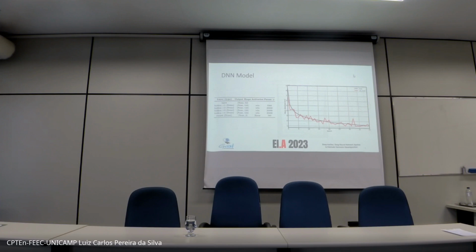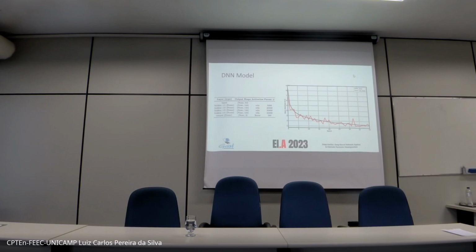The DNN model was chosen from a grid search CV process where we are looking for the optimal DNN model. We are searching for the number of hidden layers, the number of neurons in each hidden layer, the activation function in that layer, and in the output layer.